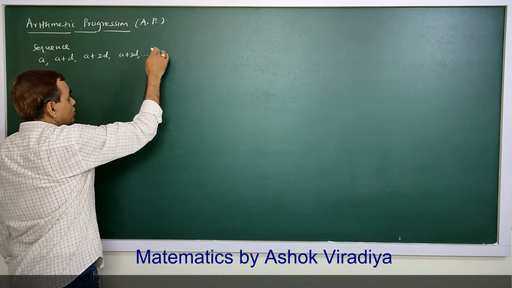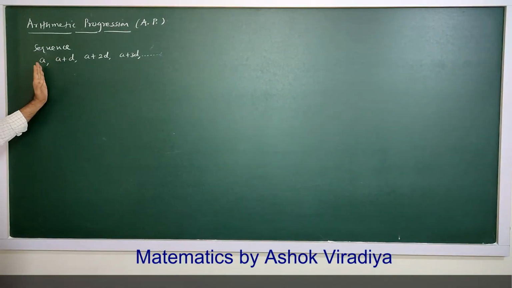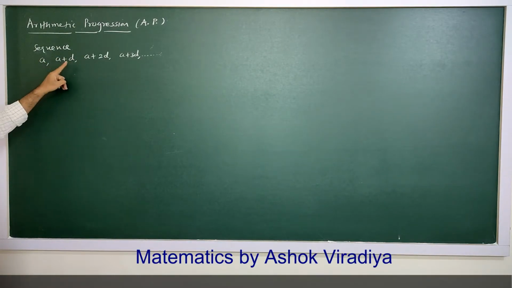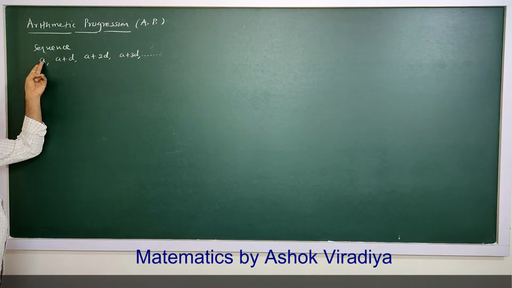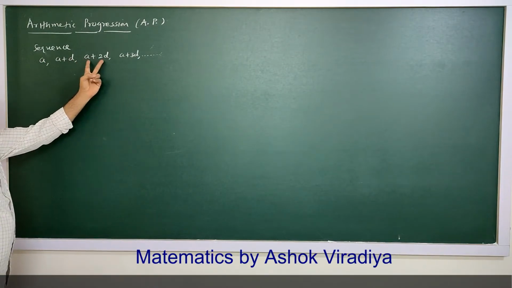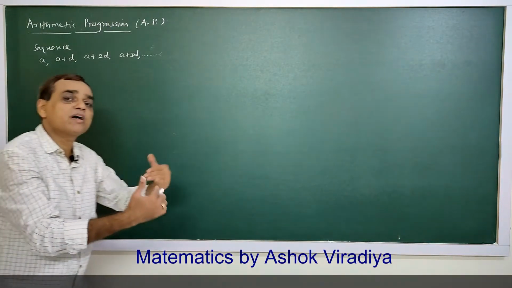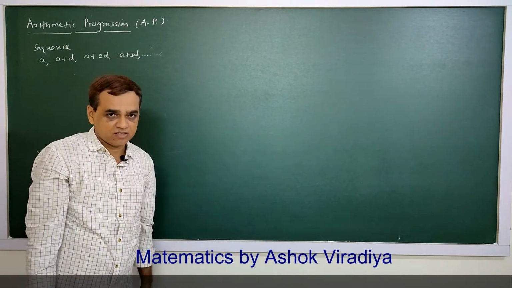So any sequence of this form, observe here, each number is increased by d. That means difference between two numbers is constant. So see, check here, second term minus first term, difference is d. Third term minus second term, difference is d. Each next number is increased by constant d. So here d is said to be common difference.